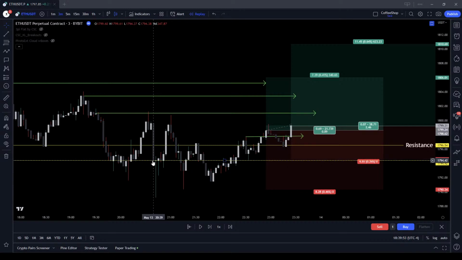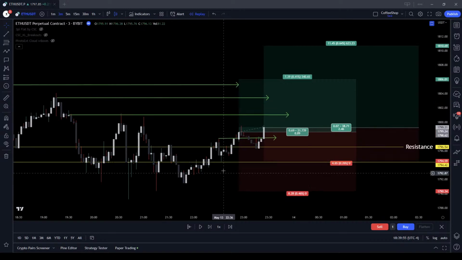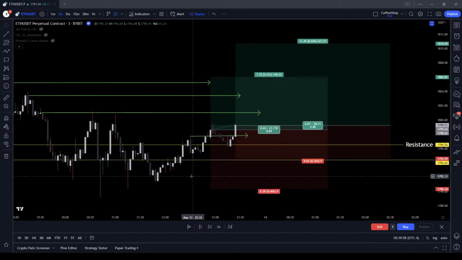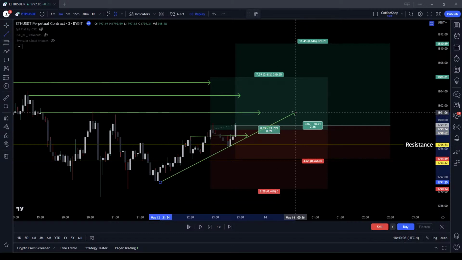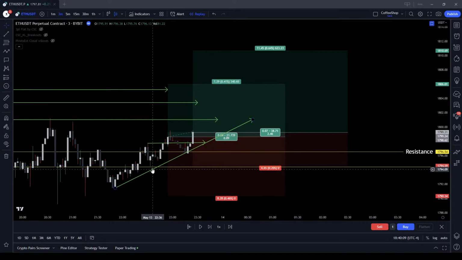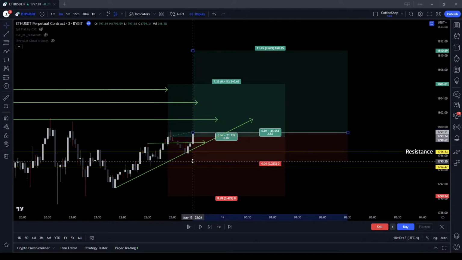So what I'm thinking is that in this area, there's a bunch of stop losses. So I'm just going to draw up my lows right here. Okay, see what I'm doing? Here's a low, another low. I believe that people put their stop losses right in here somewhere, okay?